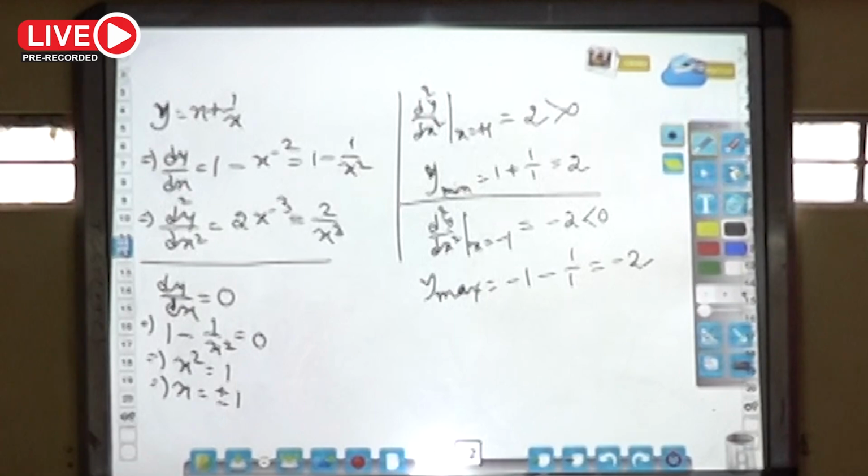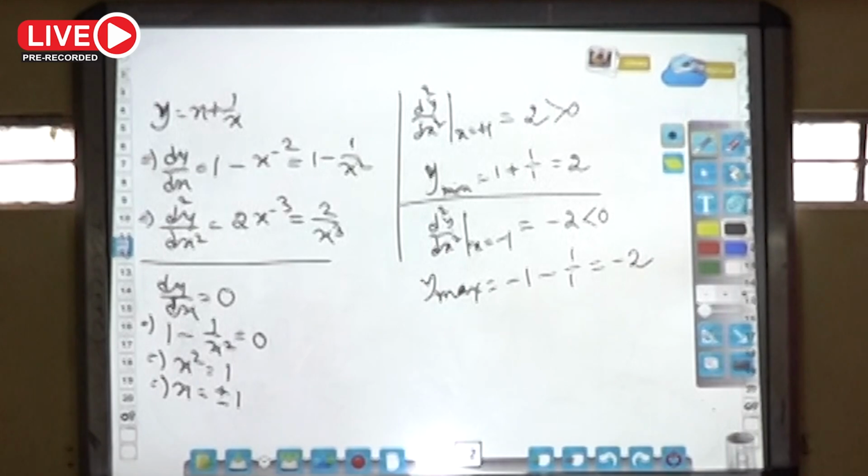Maximum value is less than the minimum value. Maximum value -2, minimum value +2. Normally we think that maximum value should be +2 and minimum value should be -2, but here the condition reverses.